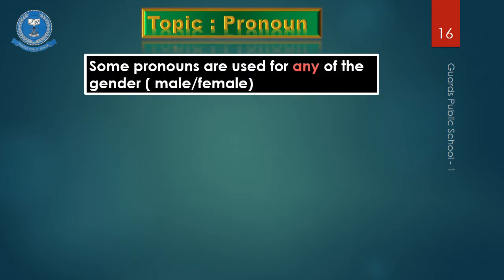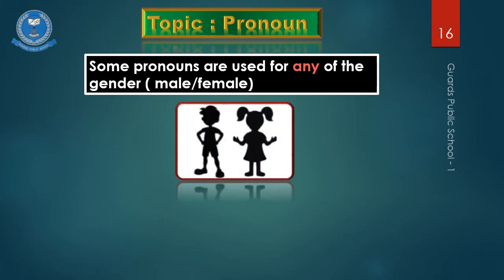Some pronouns are used for any of the genders. कुछ pronouns ऐसे होते हैं जो किसी भी जेंडर के लिए यूज़ होते हैं. Like if I am talking about me, ठीक है, मैं अपने बारे में बात कर रही हूँ, then I will use I और me. क्लियर.